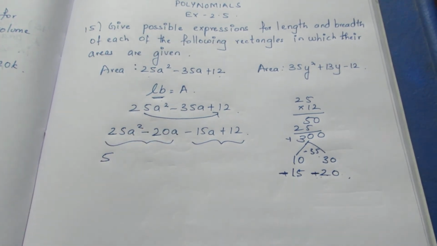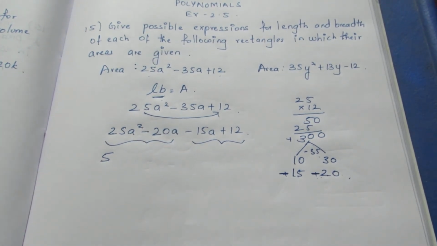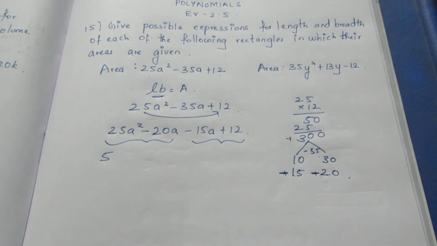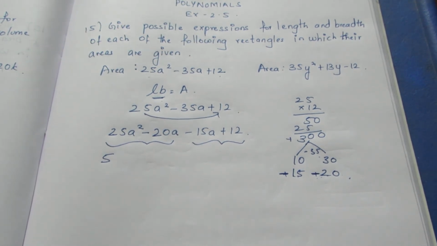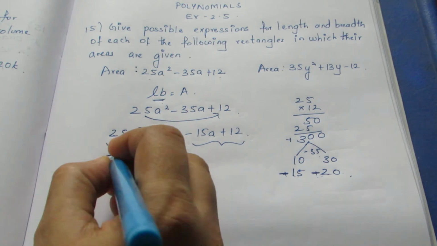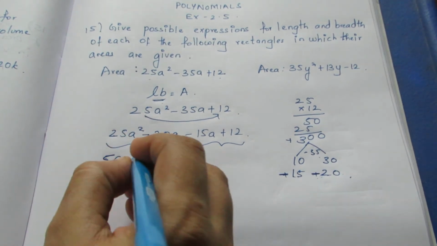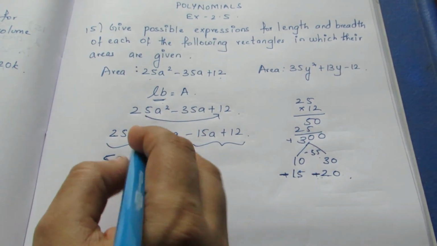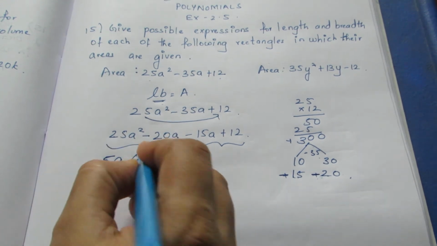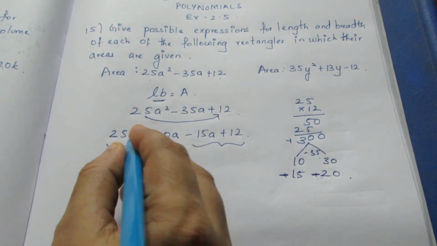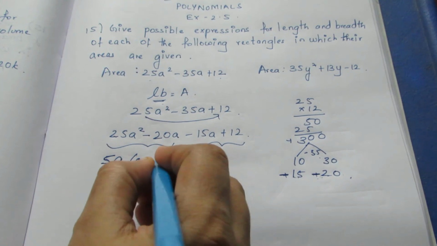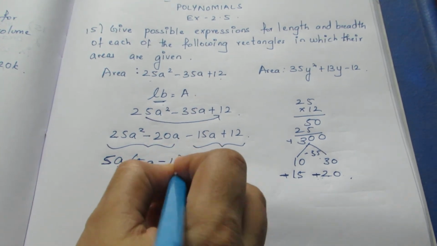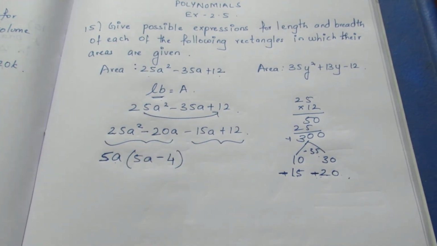If you don't know how to take common outside, just prime factorize both the terms. You will get a common number in both terms that can be taken outside. And for the common of a² and a, the least power you need to take outside. 5 into 5 will give you 25, a into a will give you a.